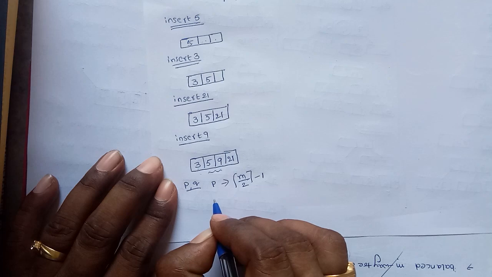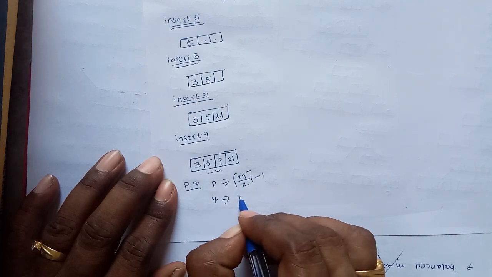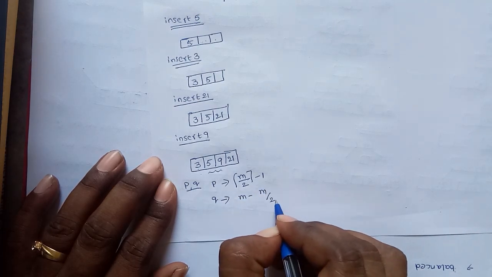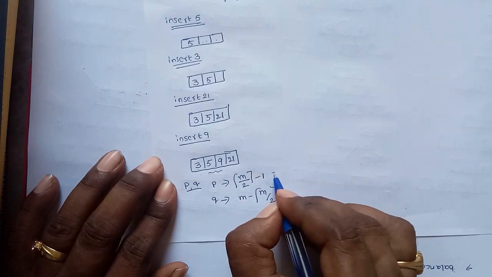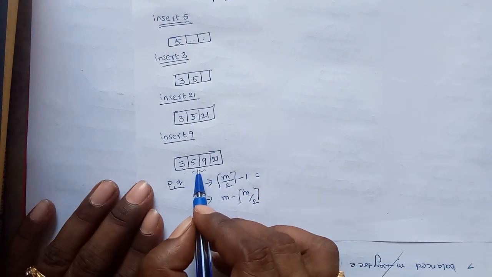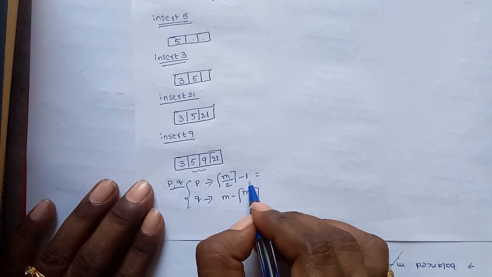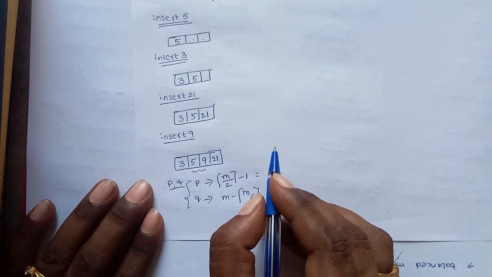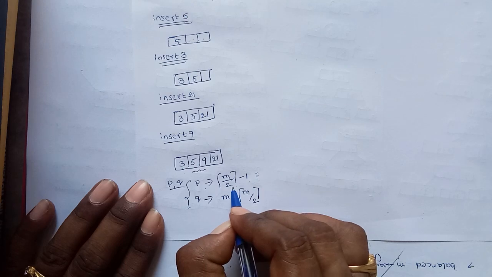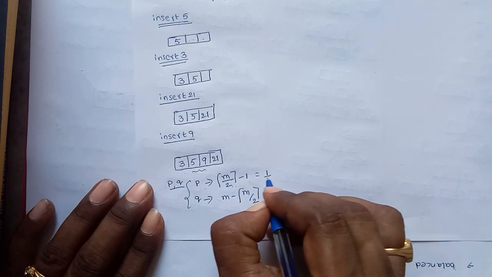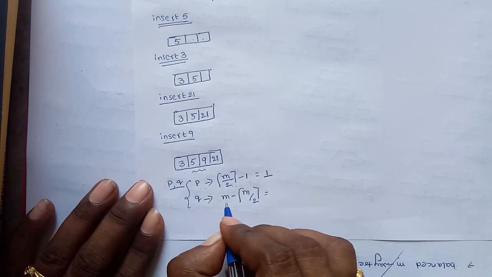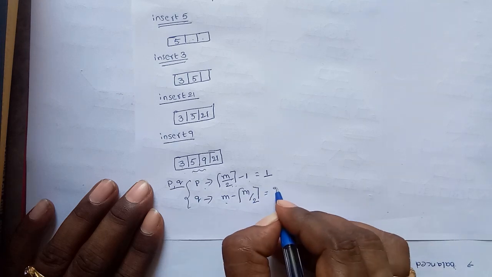Q has m minus m by 2. After splitting, P contains m by 2 minus 1. What is m? M value is 4. 4 by 2 means 2, 2 minus 1, 1. Q is m, that is 4 minus 2, 2.